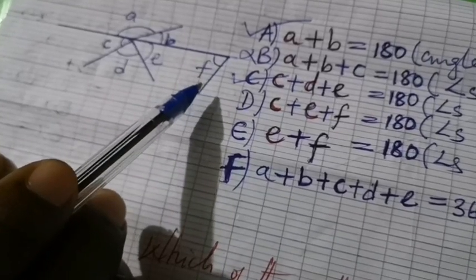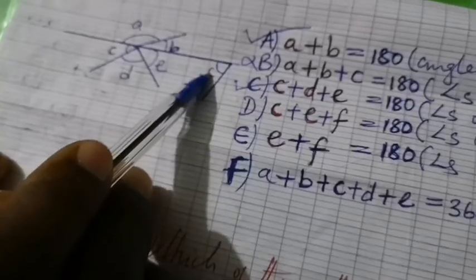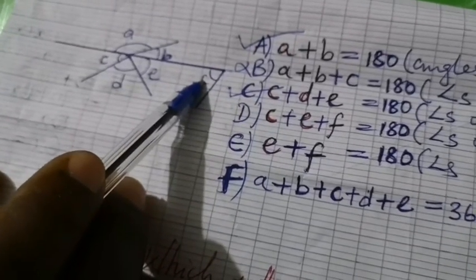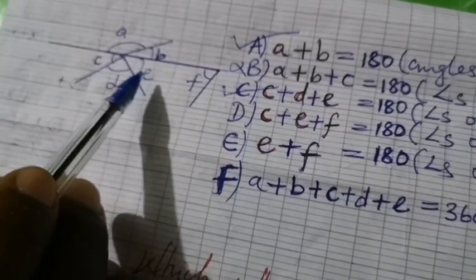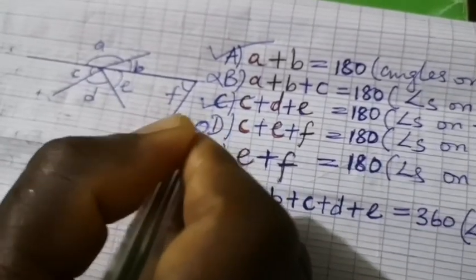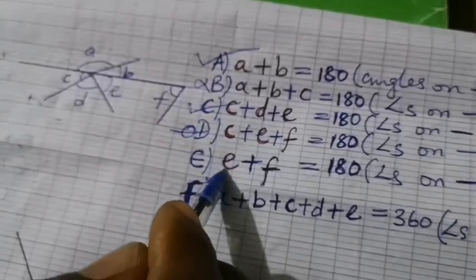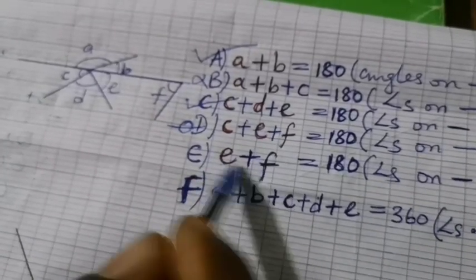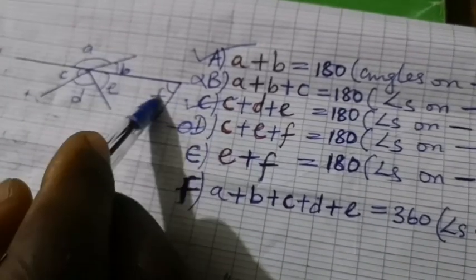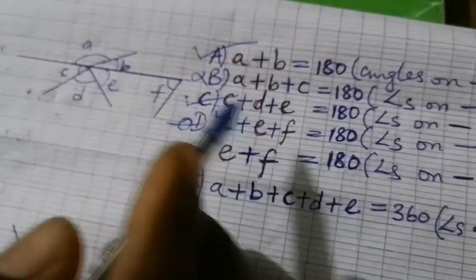F is formed when this line and this line meet here. So F cannot be taken as angles on a straight line with E and C. So that one is wrong. Now let's go to E plus F. E plus F is also not angles on a straight line. It's wrong.